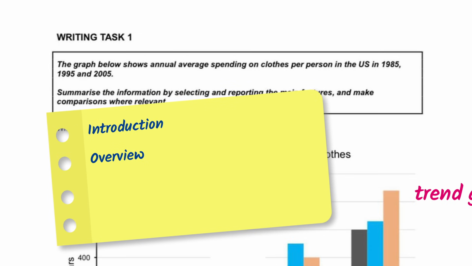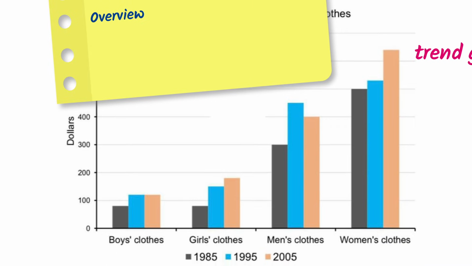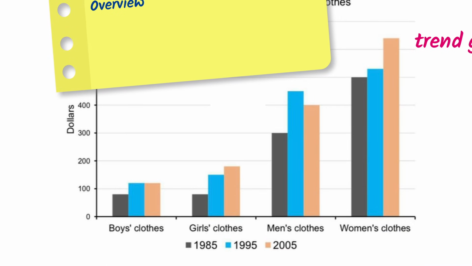So let's take a look at the chart again. Let's analyze what we can write in our overview paragraph. On looking at this chart, we see that women's spending in all 3 years was higher. It was consistently higher in all 3 years.